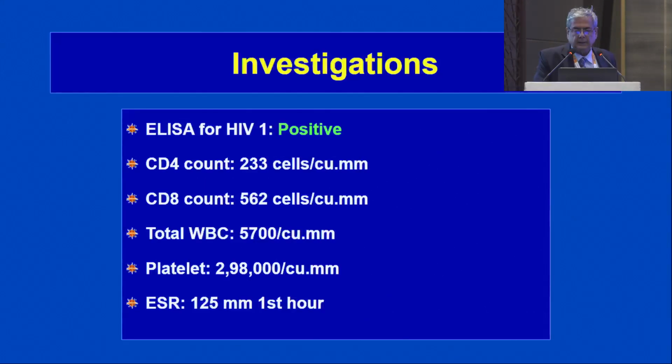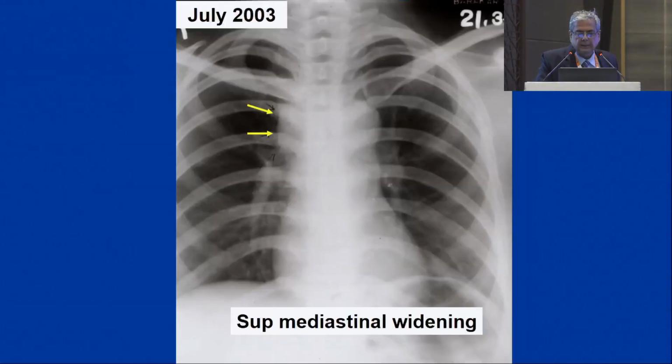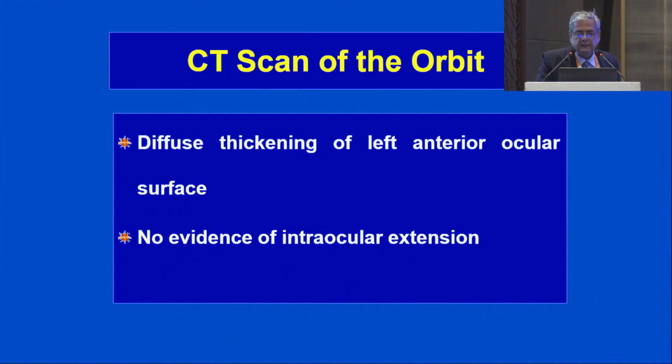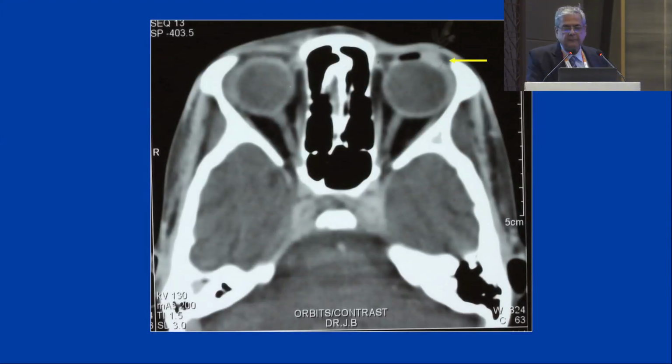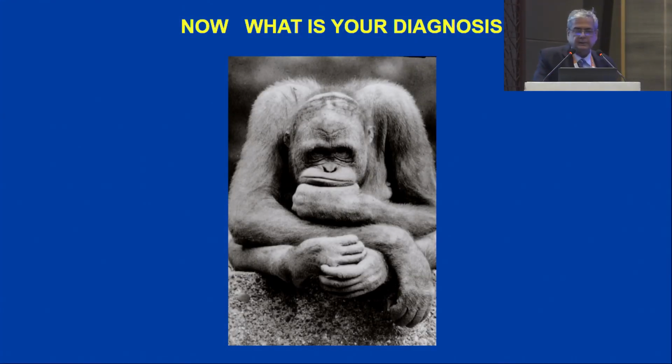Developed swelling in the conjunctiva after that. ELISA for HIV was positive, CD4 count 233 cells. ESR was 125 millimeter first hour. Superior mediastinal widening was there, and CT scan showed diffuse thickening of the wall of the orbit, enlarged preauricular and submandibular lymph nodes. Now, what is your diagnosis?